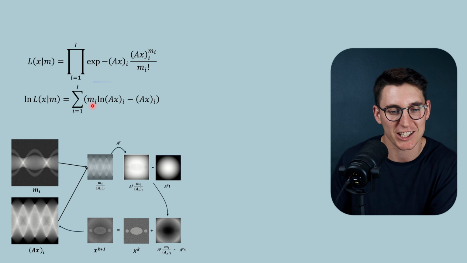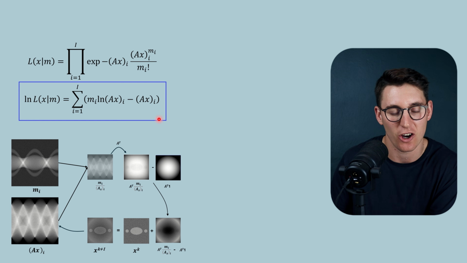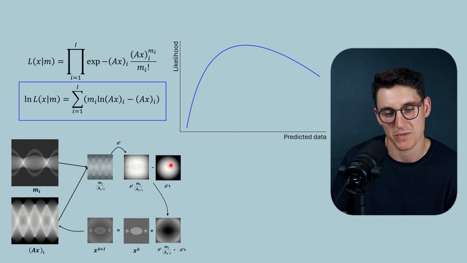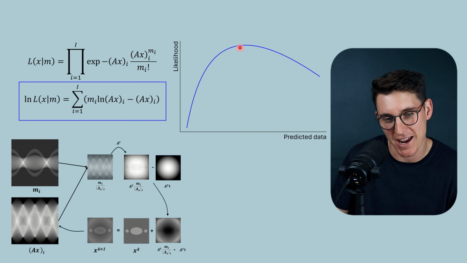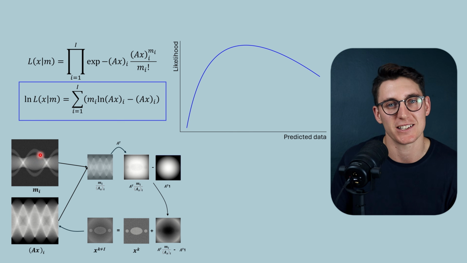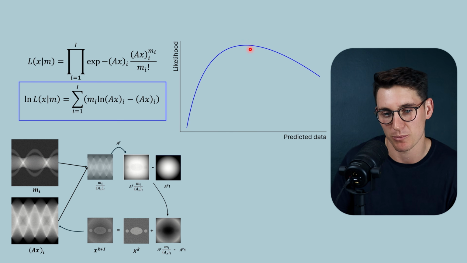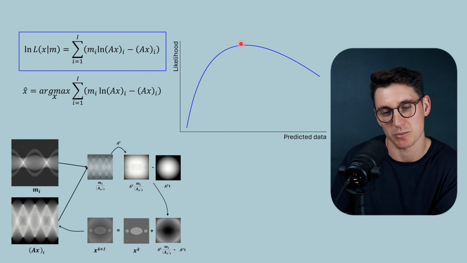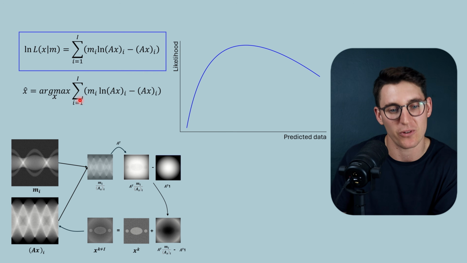So what we can do is we can actually plot this function on a graph here. We can say our predicted data, that's the data that we've estimated or put into the system. What's the likelihood that that matches our projection data that we've measured in the CT machine? And we can plot it here. Now, if we look at this graph, it's very easy to see where that maximum is. And this is the formula for finding that maximum.